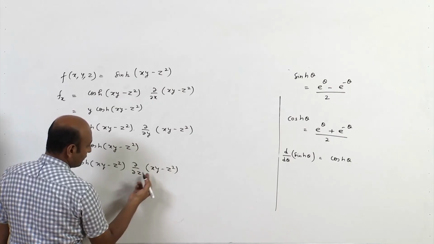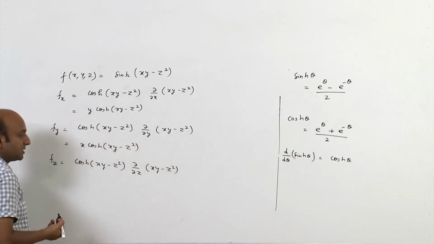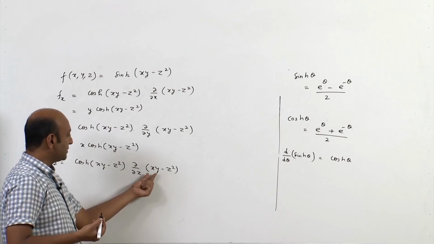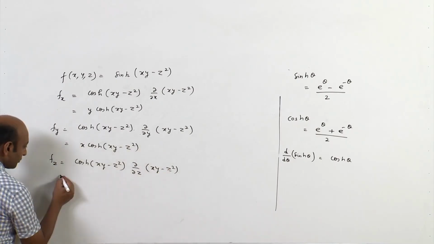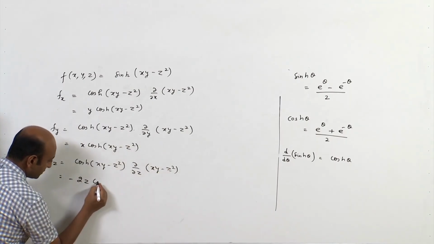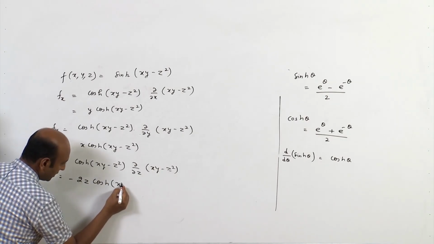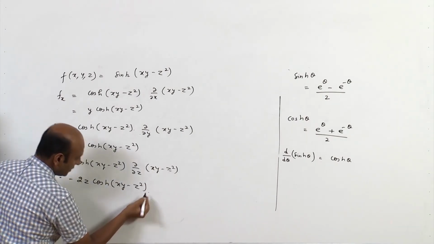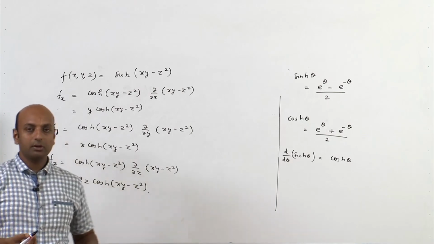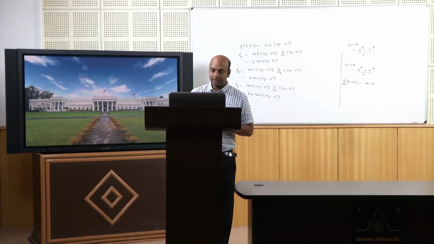The derivative of the first term with respect to z partially will be 0, then this will be minus 2z times cos hyperbolic of xy minus z square. So, this is how we can compute fx, fy or fz.